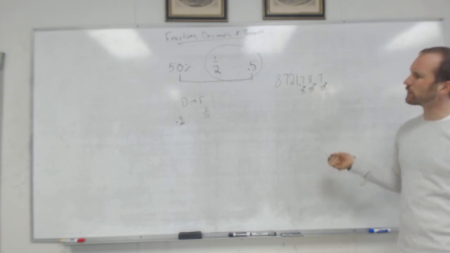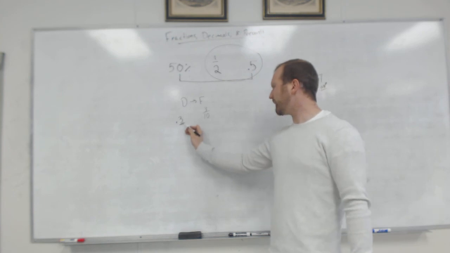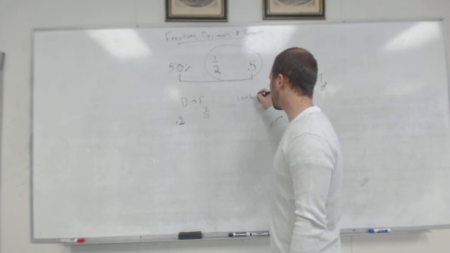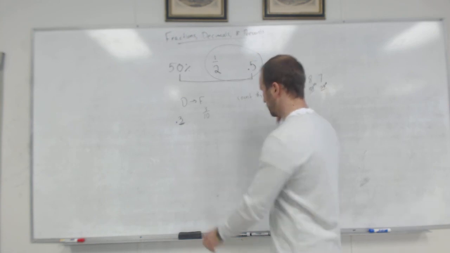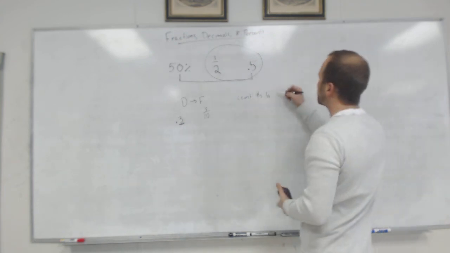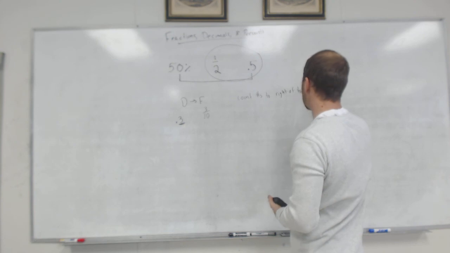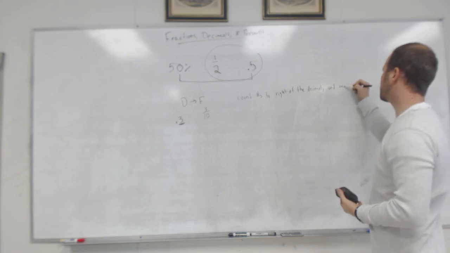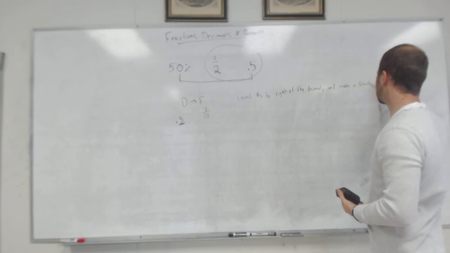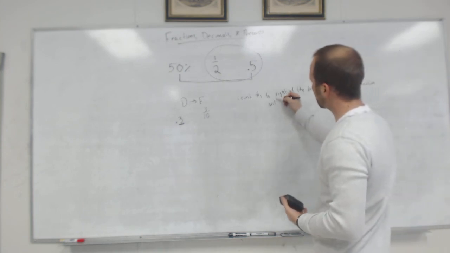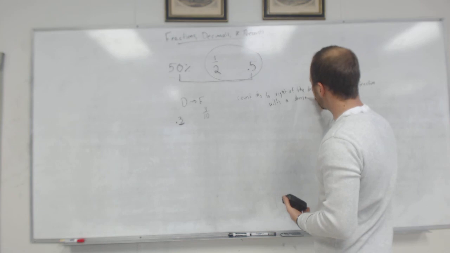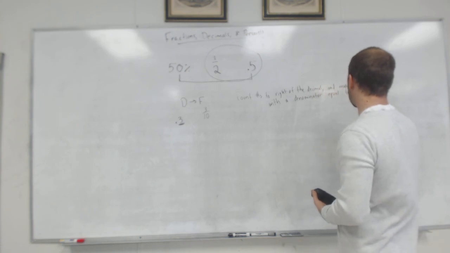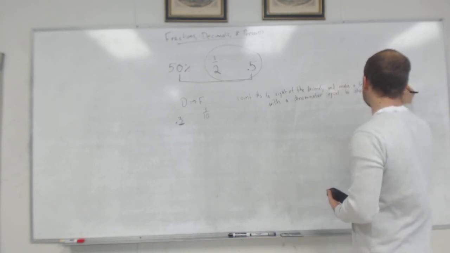Okay? So to convert from a decimal to a fraction, I count the numbers to the right of the decimal and make a fraction with a denominator equal to the decimal place.